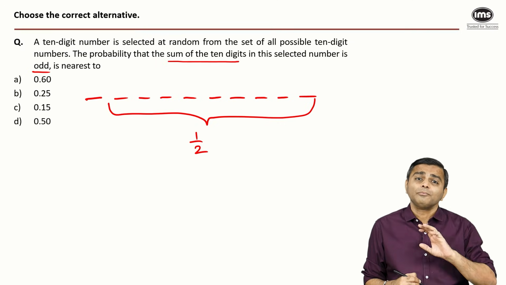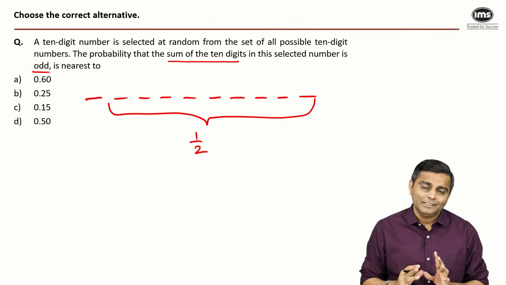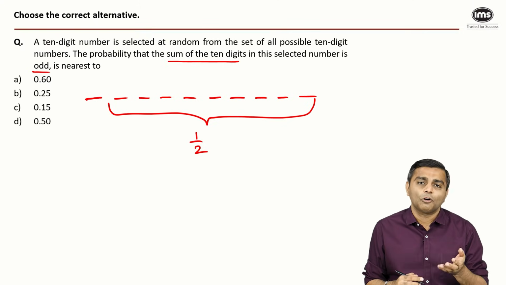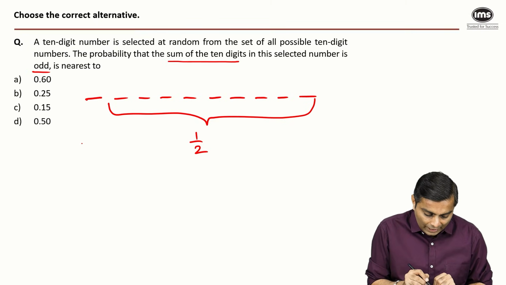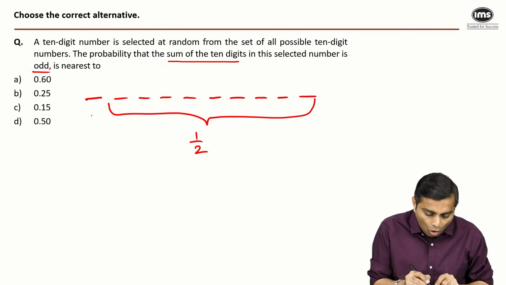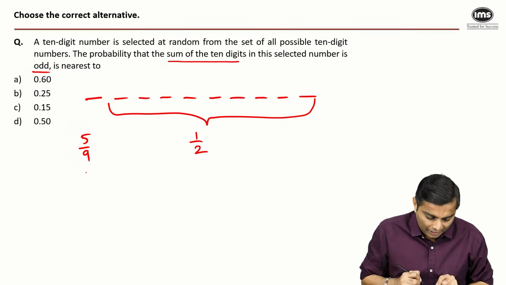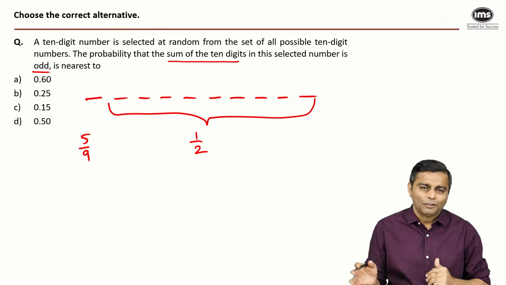Right? In the first place, out of the total 9 digits, we have 5 as odd and 4 as even. So the probability of the first digit being odd is 5 by 9. Correct? Now, for the other 9 digits, the probability we know is 5 by 10 or half.